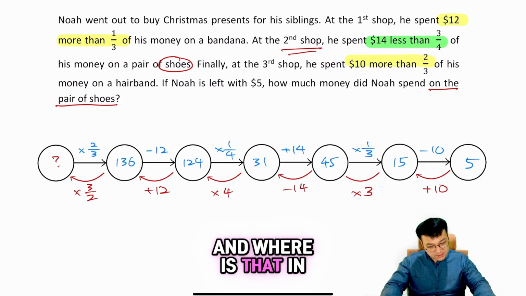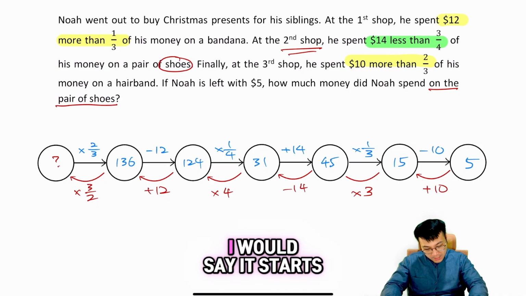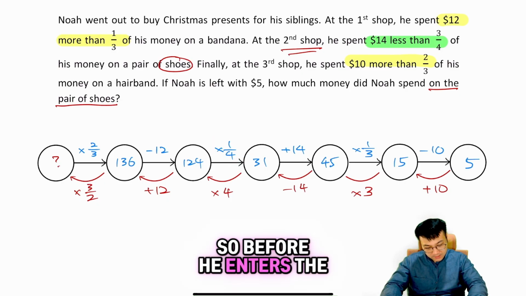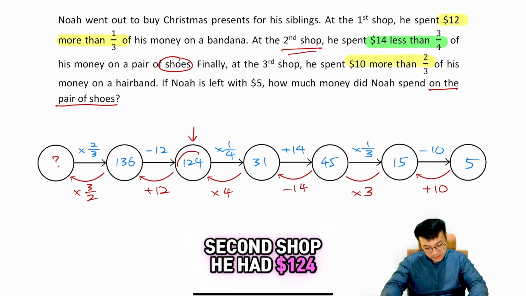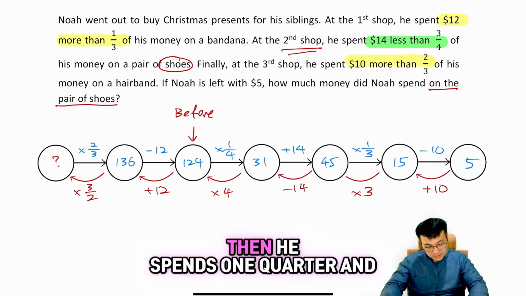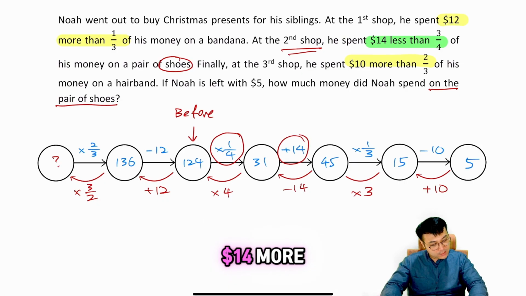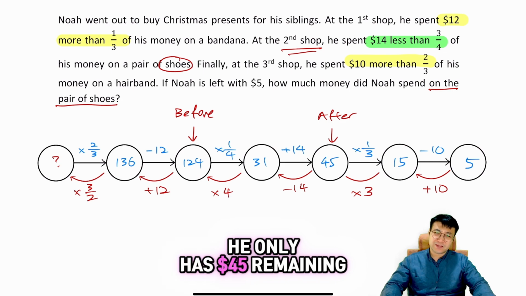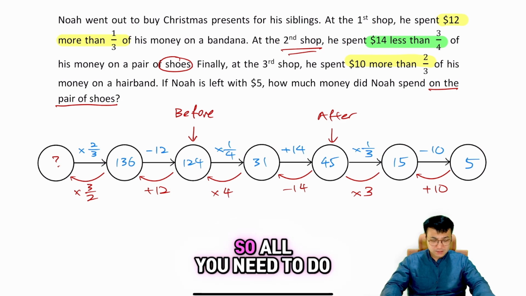And where is that in the diagram? I would say it starts from here. So before he enters the second shop, he had $124. Then he spends 1/4 and $14 more. By the time he gets out of the second shop, he only has $45 remaining.